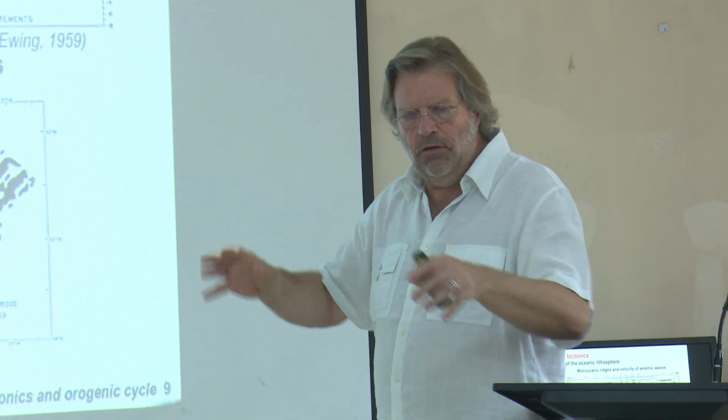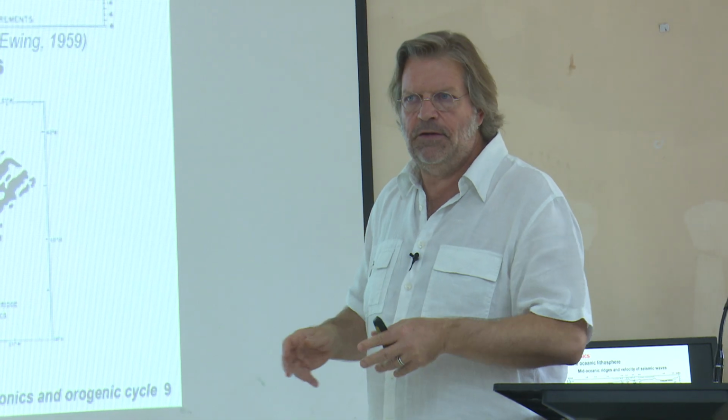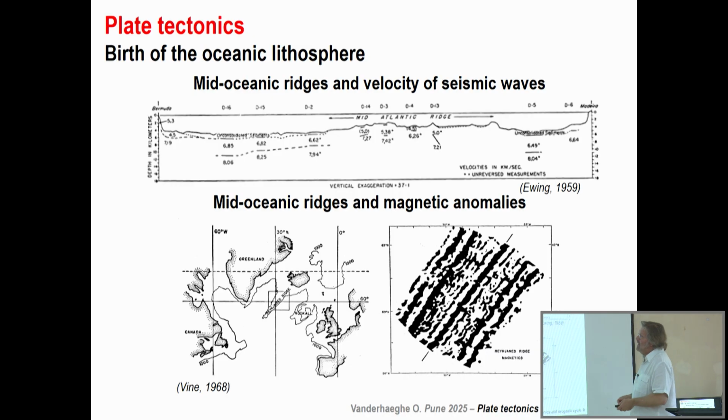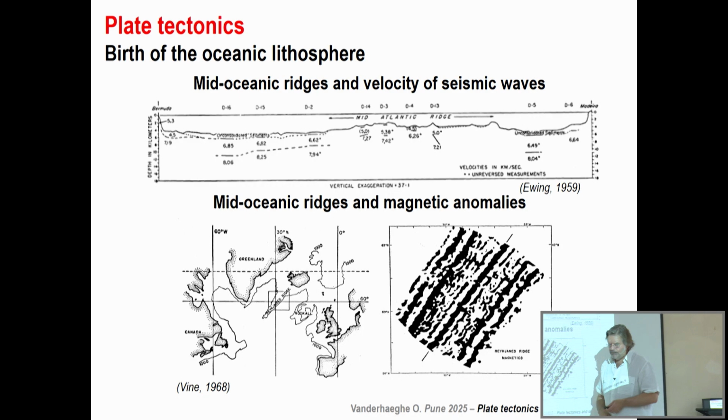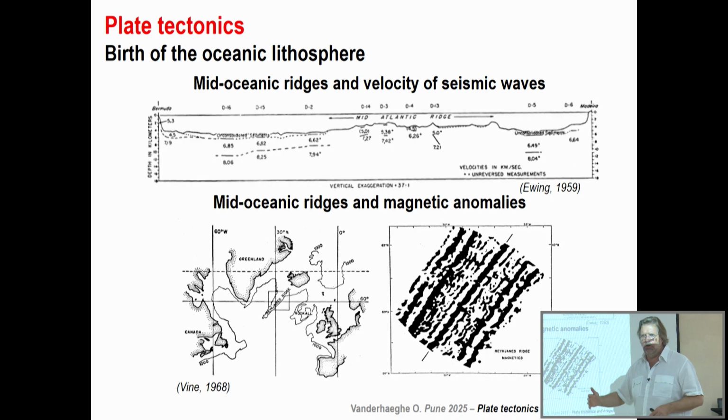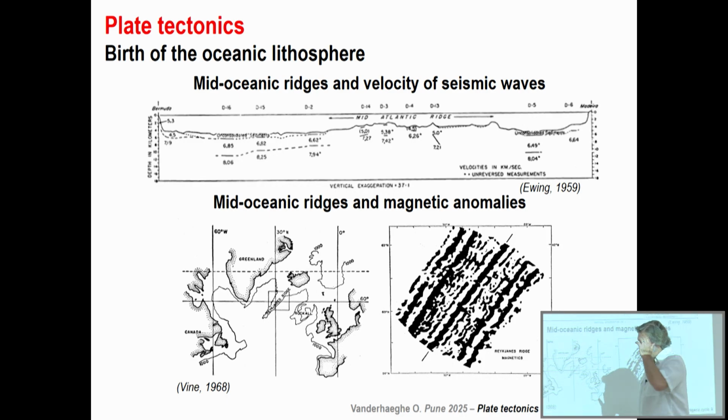First, we start with the basics of plate tectonics, and you asked me for that. It started with the middle of the oceans, the birth of the ocean at mid-oceanic ridges. I didn't put the slide, but the topography of the ocean was first reconstructed with a cable that served for telegraph.